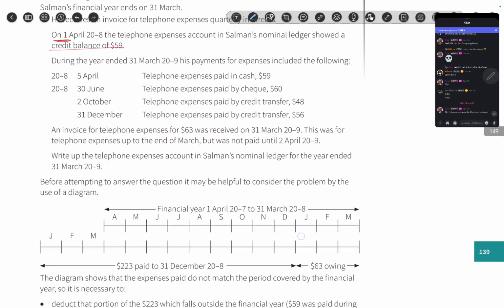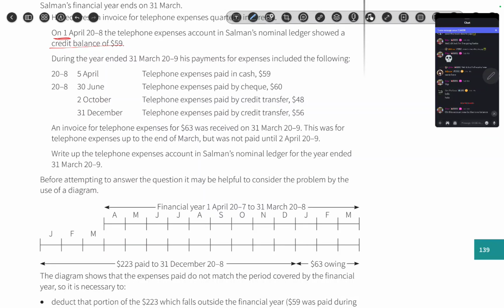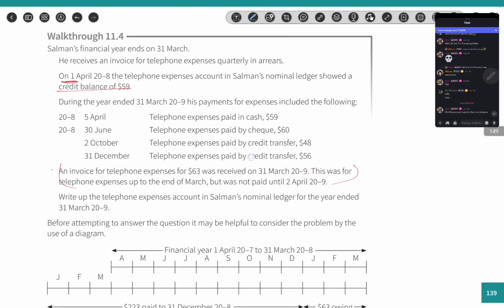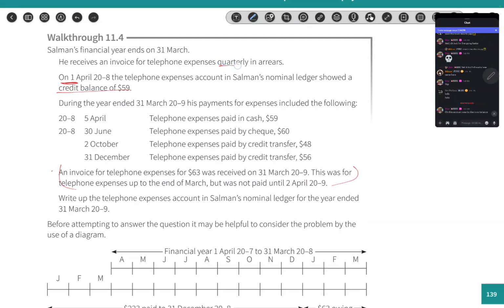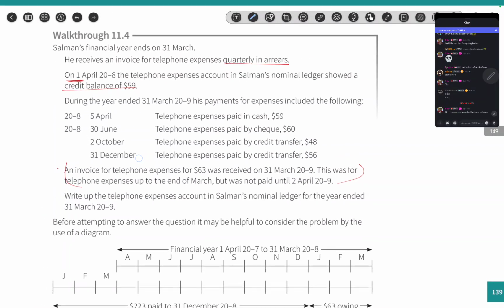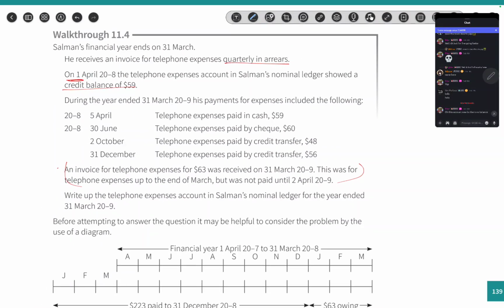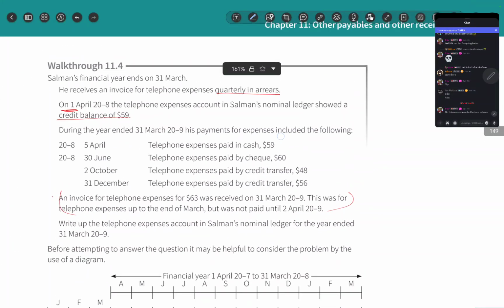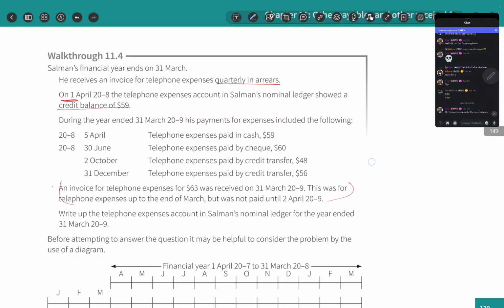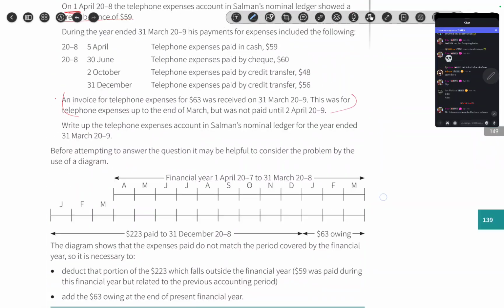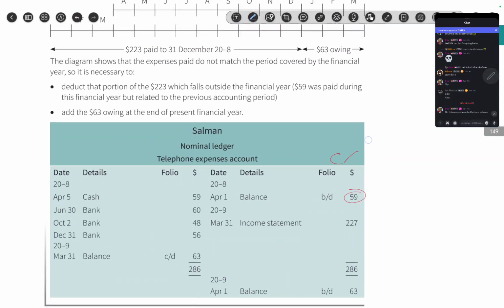And then here is a similar thing as the previous question. This is again quarterly, meaning that the year starts at 1st April. So this is for when he pays quarterly in arrears, 59, 59.